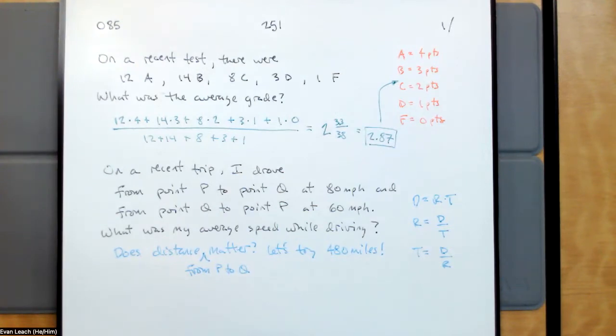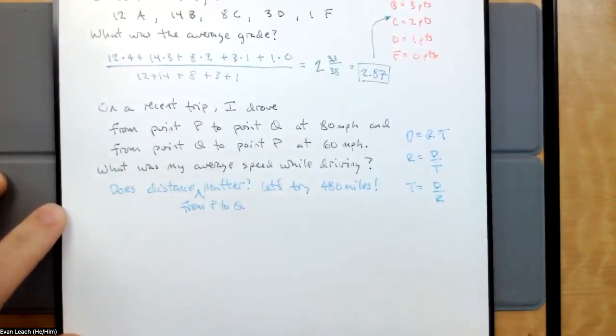Because now that I have 480 miles, a distance, and I have 80 miles per hour and 60 miles per hour, some rates, what should we calculate? Time. That's the third piece that we don't have.